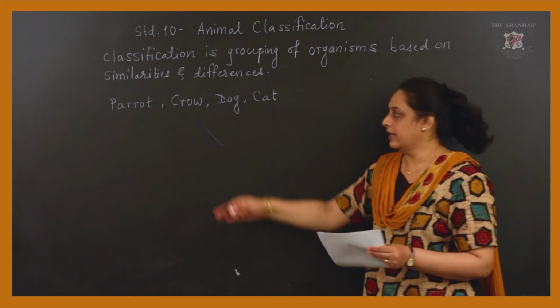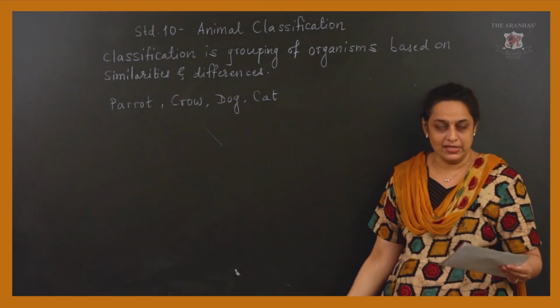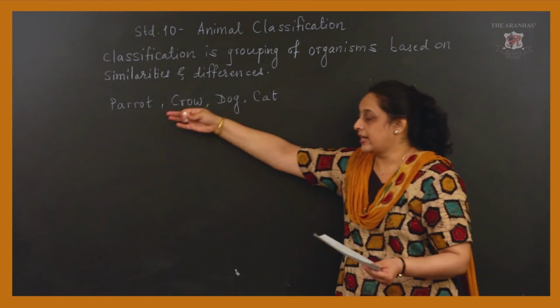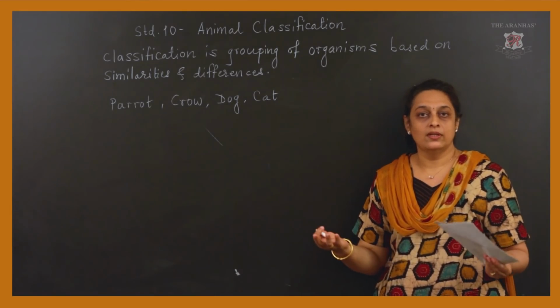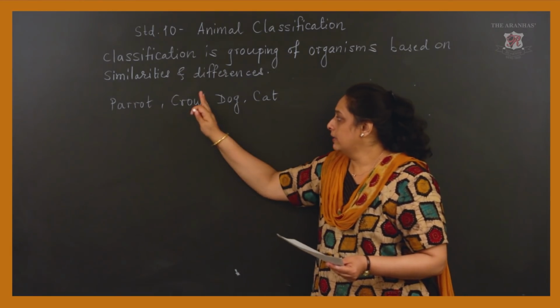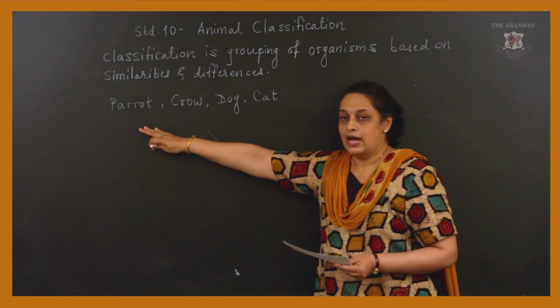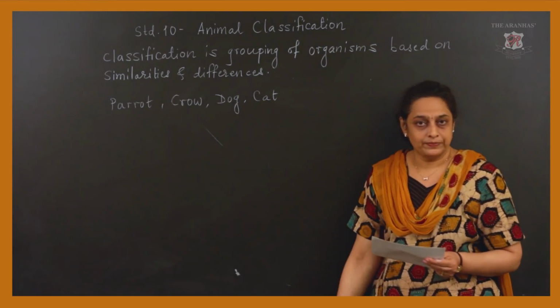I have purposely taken these simple examples because you are familiar with these names and these animals. So, once I write their names, you can imagine how do they look, where do they live, etc. Now, parrot, crow, dog, cat, out of these four names, parrot and crow are birds.